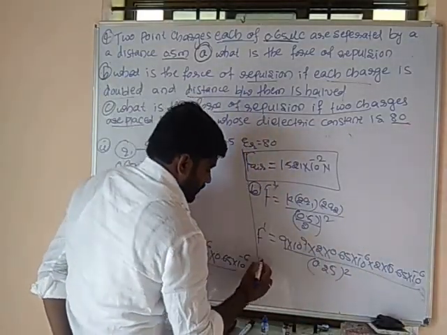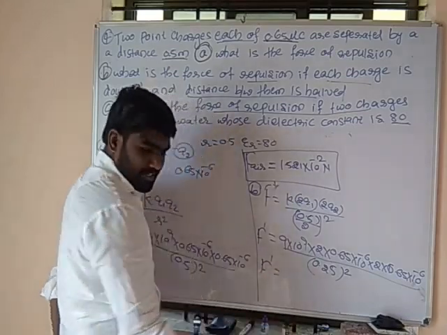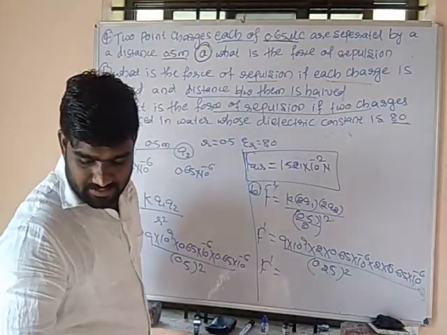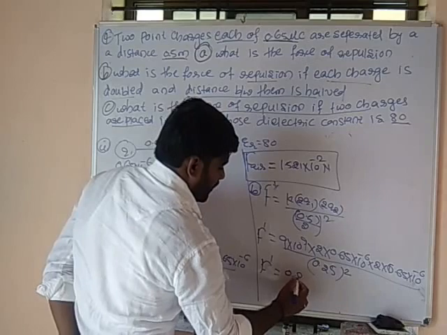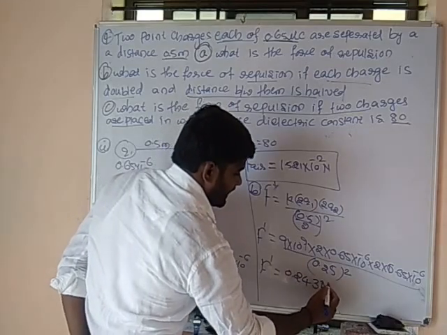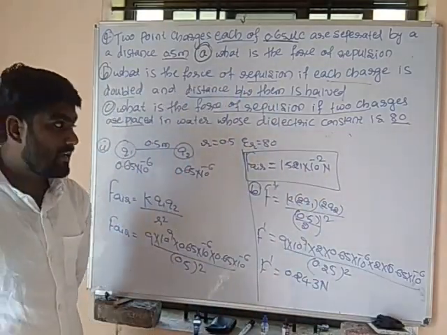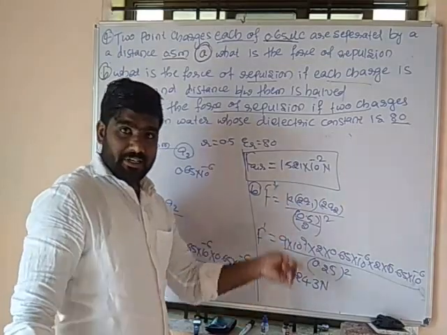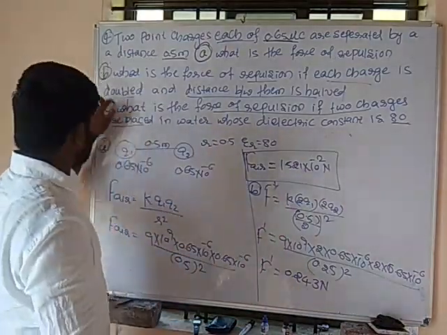After calculating all of this, F dash will be 0.243 Newton. So B is completed. Then come to the point of C.